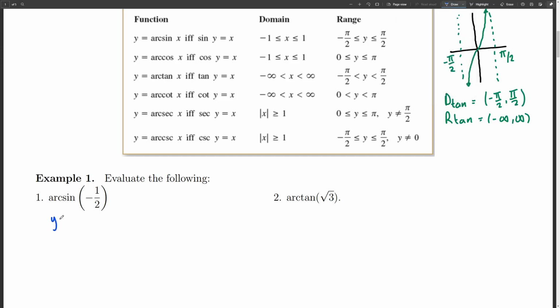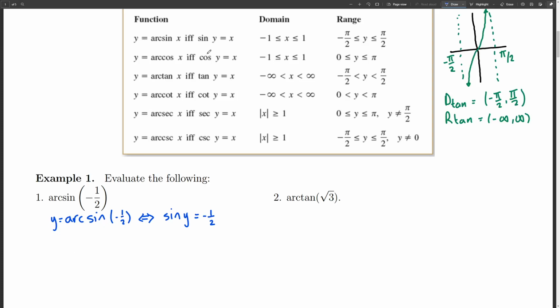So let's give this expression a name. Y equals arcsine of negative 1/2. By definition, this is the same as sine of y equals negative 1/2.